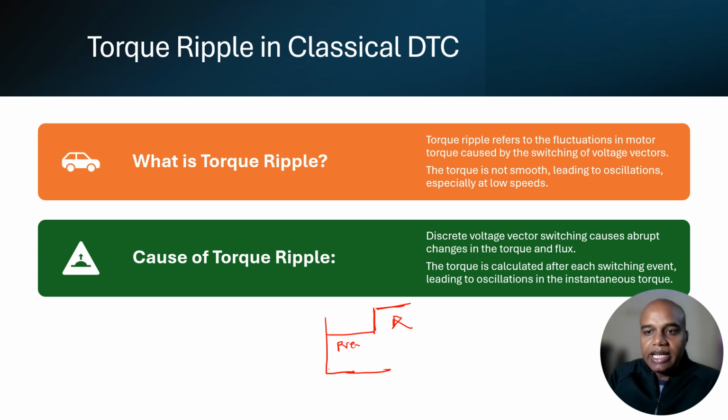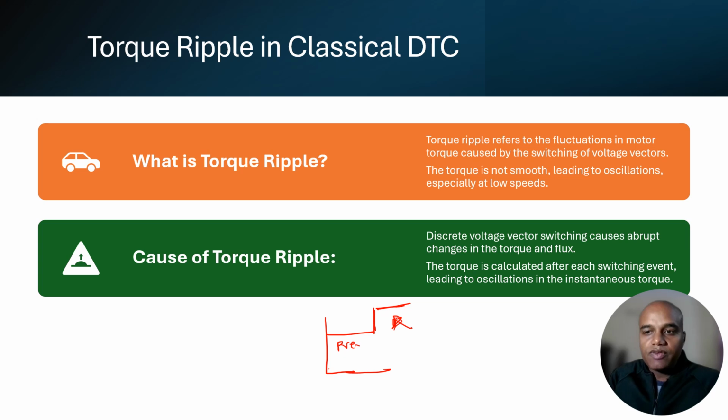These vectors are applied directly without modulation, which leads to the step change that creates a sudden change in the torque and the torque ripple. Moreover, the hysteresis band used for torque and flux control allows the error to oscillate within a set range. As the torque and flux oscillate within the hysteresis band, the inverter switching is not smooth, which again causes torque ripple.